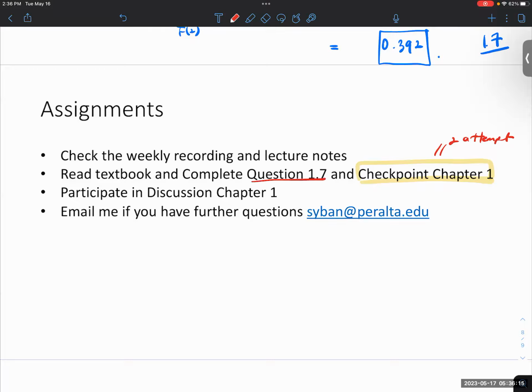But whatever the quiz is, you have 3 attempts. You can keep practicing as much as you can. So now you can finish the entire chapter 1. If you have any question, feel free to join our chapter 1 discussion and help each other. I will reply to your comments. If you have any question, email me as well, okay?